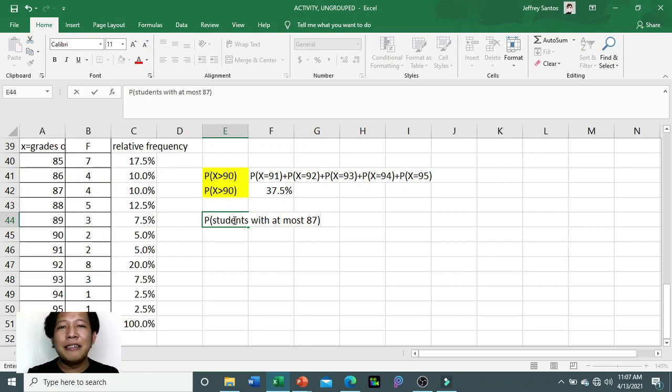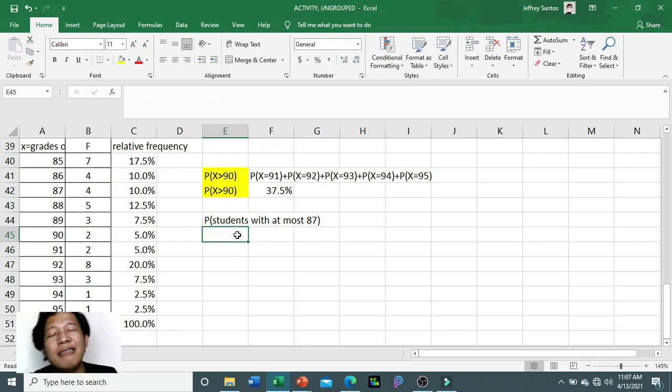Okay? So how are we going to get this probability? So let us try to analyze. Students with at most. Paano ba pag sinabi natin at most? Okay? Paano natin siya i-symbolize? That is what?